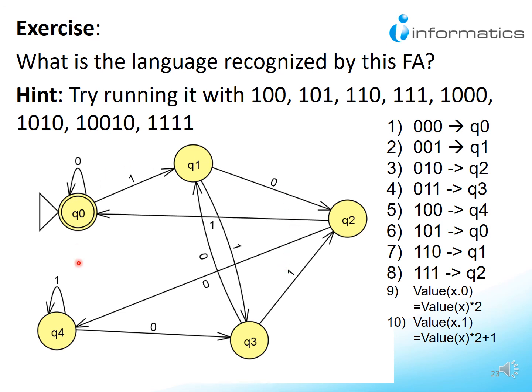Actually, this machine is built based on this formula. And since Q0 is the final state, this machine recognizes binary input where the binary value mod 5 is 0.